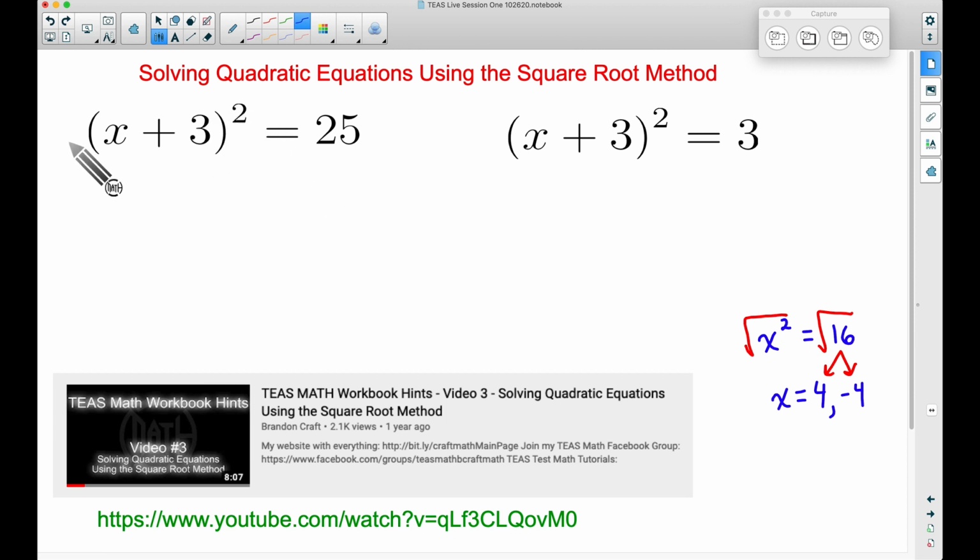The opposite of squaring is to take the square root, so I'm going to do that to both sides. And the whole point of us doing that is to get rid of that squared. And taking the square root of something squared does that. It gets rid of that squared. So that leaves us with x plus 3 on the left-hand side, and this can be equal to 5.